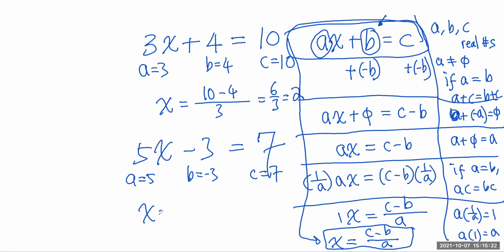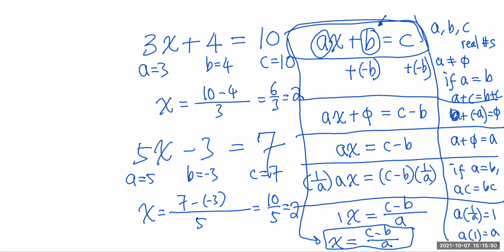So our x will be 7 minus -3 over 5, which is 10 over 5, equal to 2. Good? Okay. So I'm just showing you how to play the symbols. And that's actually what we do in algebra, we learn how to play the symbols.